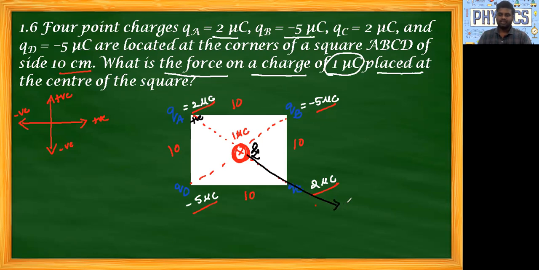So this is the force due to A. Next, if you stand here and see this charge, this is also positive, so this is the force due to C. Next, if you stand here and see the opposite charge QB, this is also positive, then this is your force, that is FB. Similarly, stand here, see the opposite charge positive, so this is our force FD.